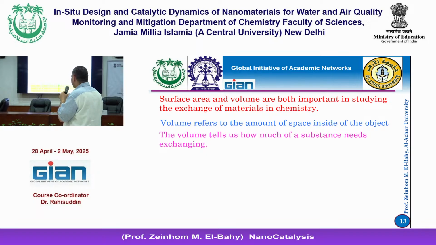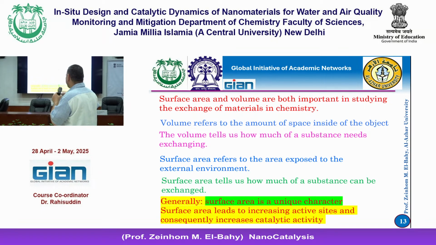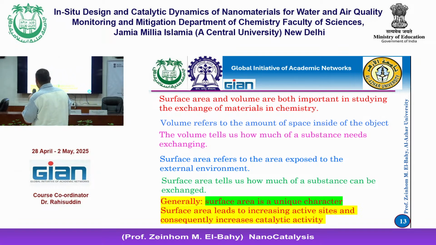Surface area refers to the area exposed to the external environment, and it tells us how much of this substance can be exchanged. Generally, surface area is a unique character. Increased surface area leads to increased active sites and consequently increases the catalytic activity.